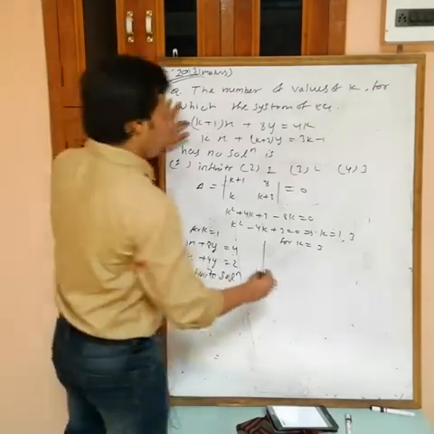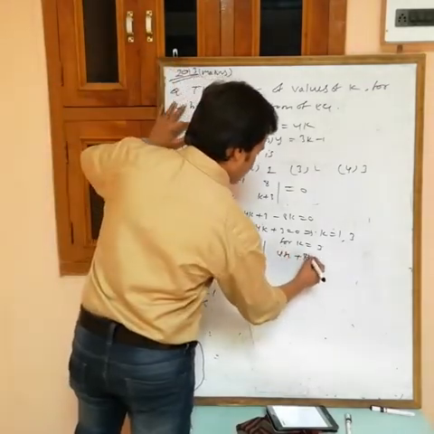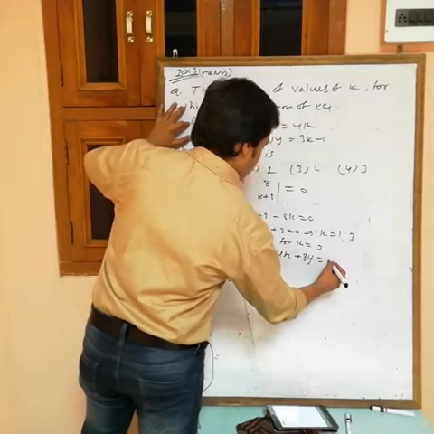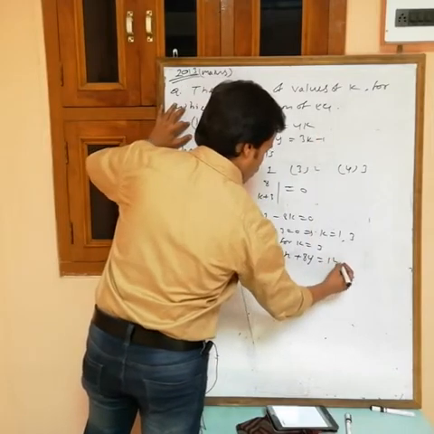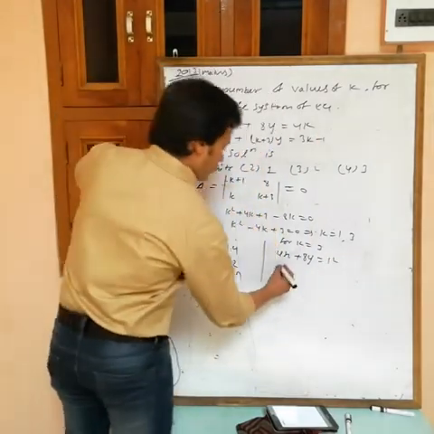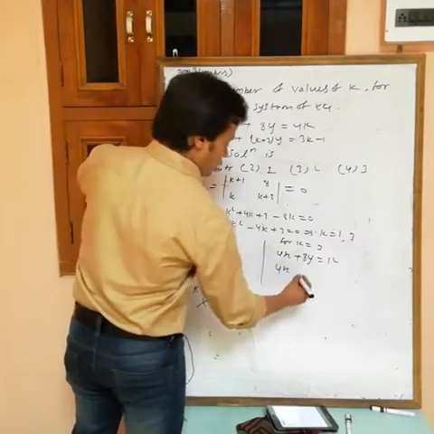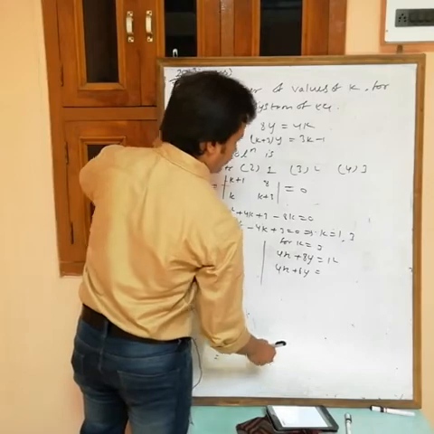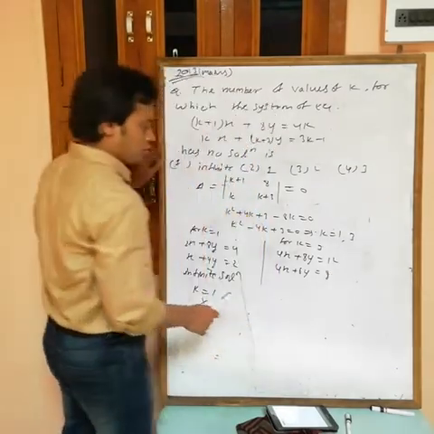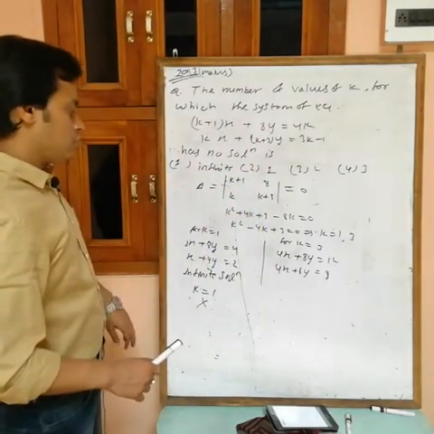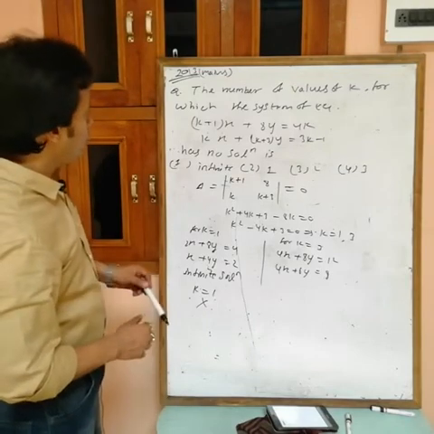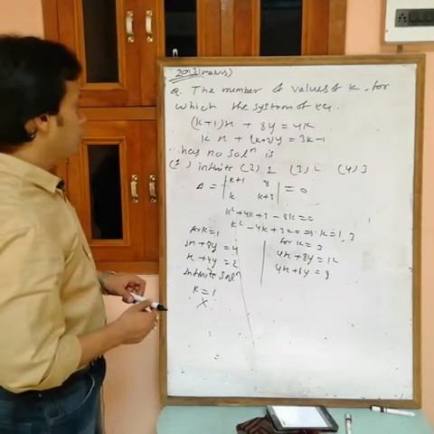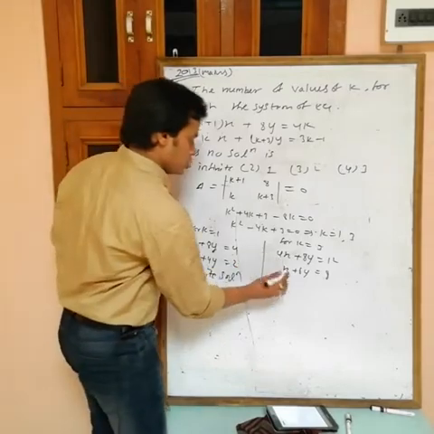Now for k equals to 3, 4x plus 8y equals to 12, and 4x plus 6y equals to 8. So k equals to 3, sorry this one is 3 now.